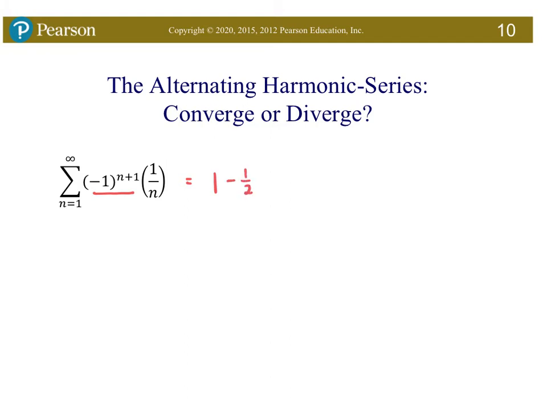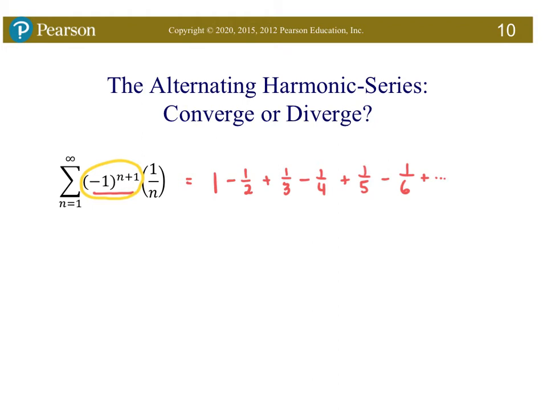If we plug in 3, we get +1/3, and then -1/4, and then +1/5, and then -1/6, etc. So this is a special case called the alternating harmonic series, and it is recognizable most quickly by the (-1) to the power in here, but you can also recognize it in its infinite form.